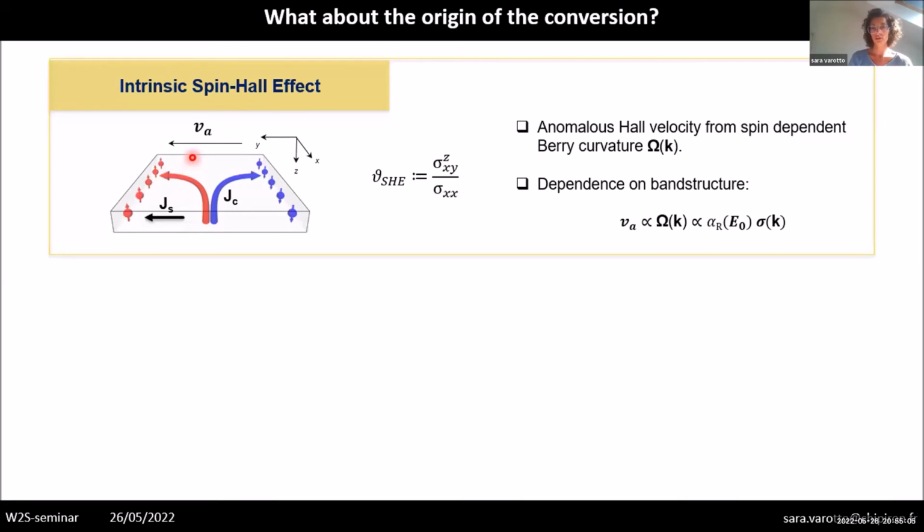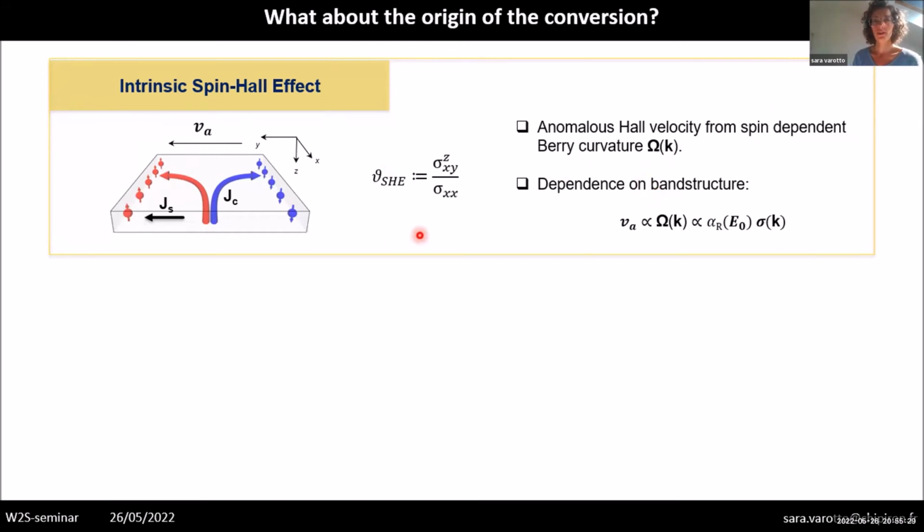This internal magnetic field is related to a quantity called the spin-dependent Berry curvature omega of K that can be calculated from the band structure. So we expect that since the band structure is modified by the polarization and depends on the crystallographic orientation, this effective magnetic field will be different depending on these quantities.